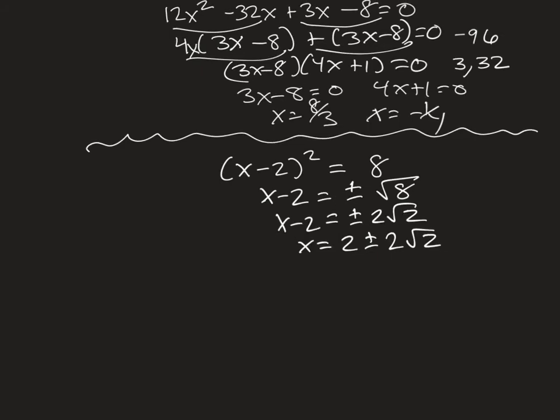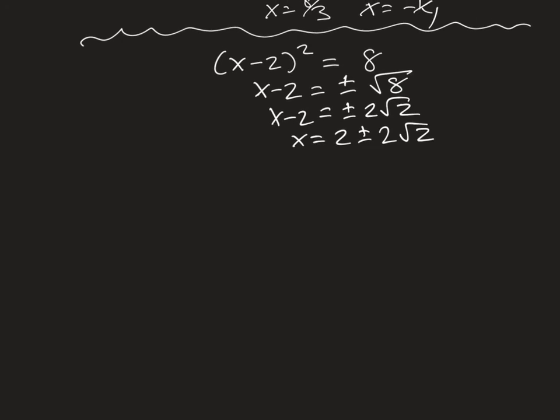How about if we have, let's make some room, 2x squared minus 6x, let's do minus instead of plus, sorry.